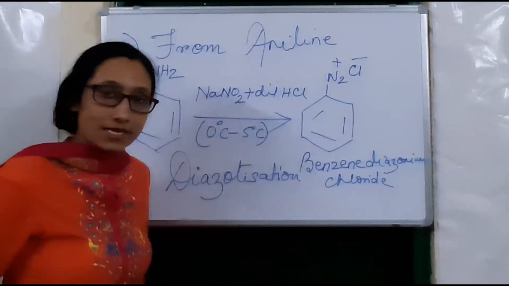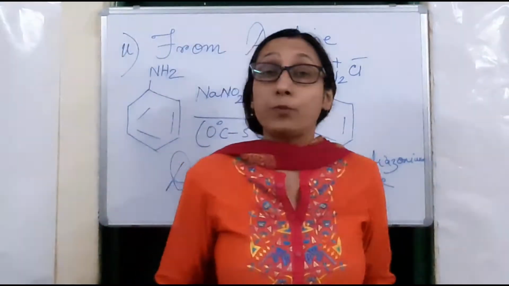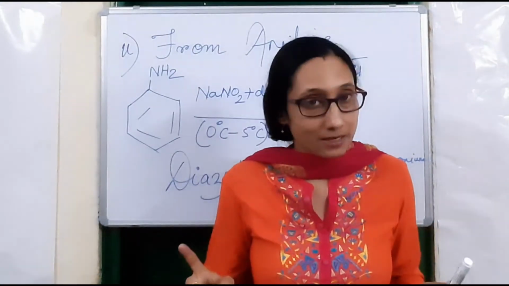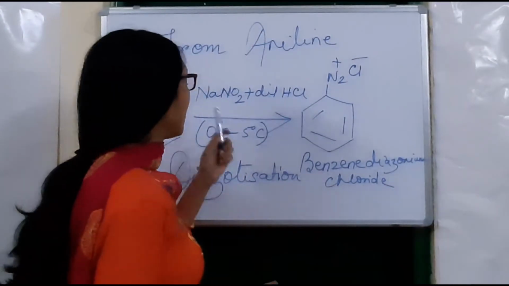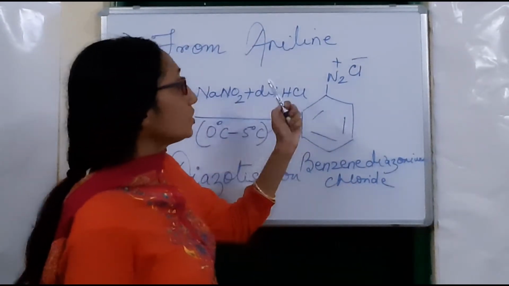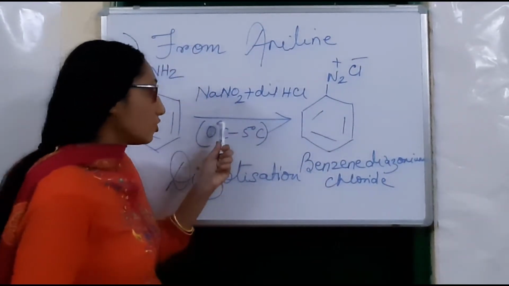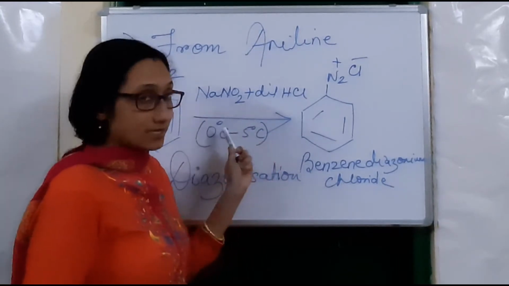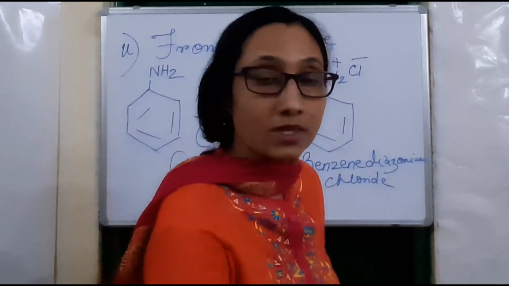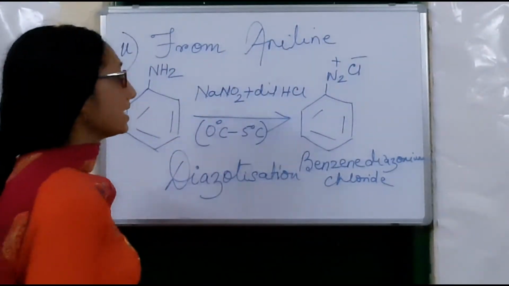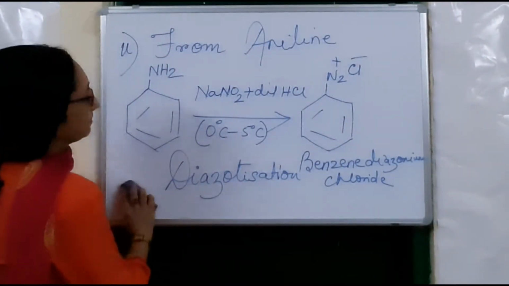So what is diazotization? When a primary aromatic amine, let it be aniline, is treated with NaNO2 plus dilute HCl at 0 degree centigrade to 5 degree centigrade, we will get benzene diazonium chloride. This reaction is known as diazotization reaction.